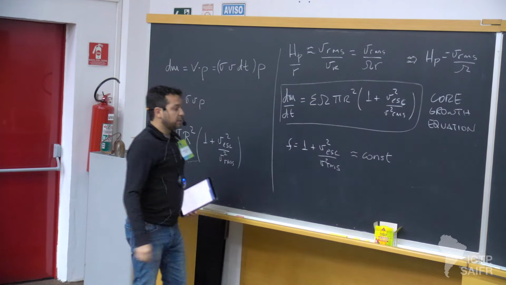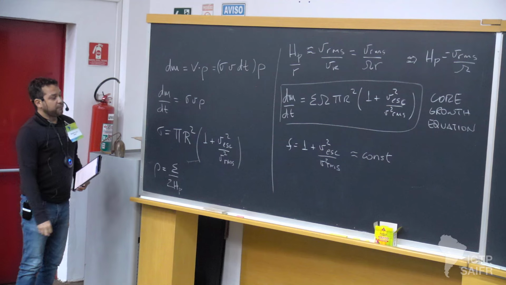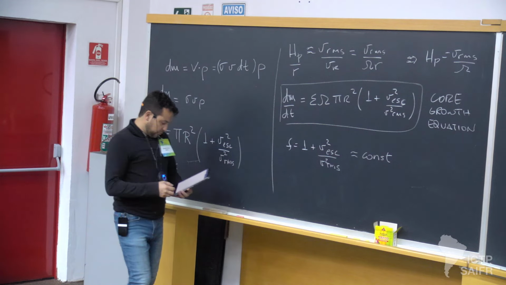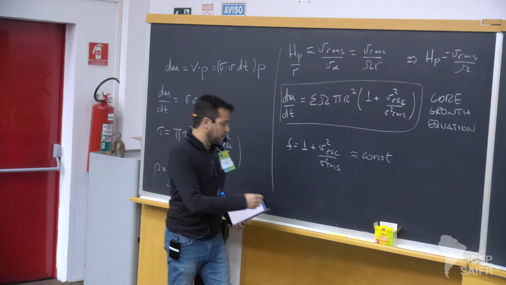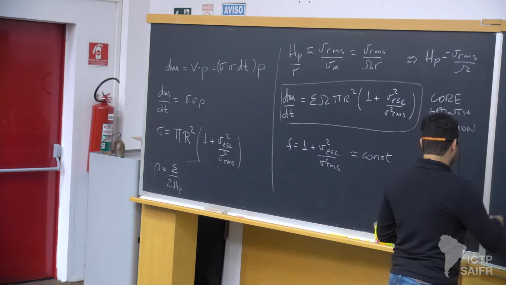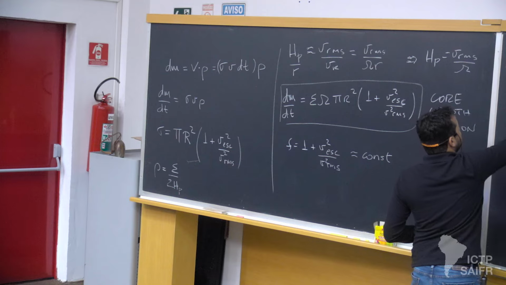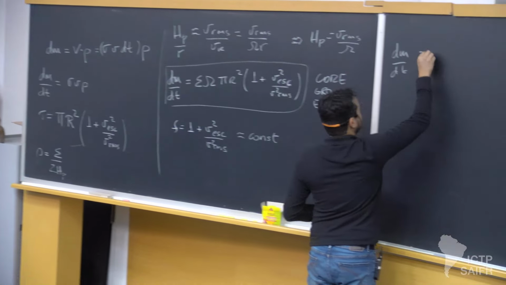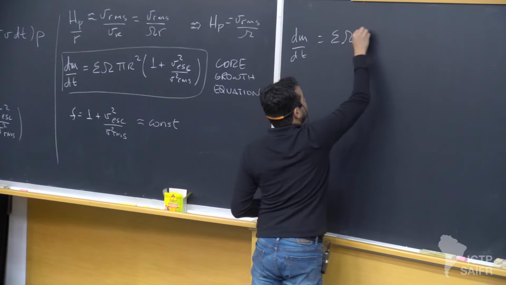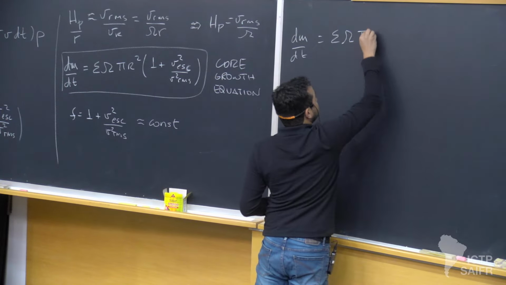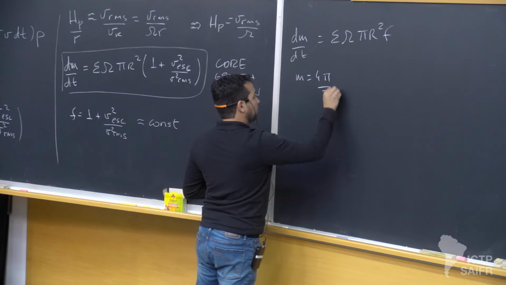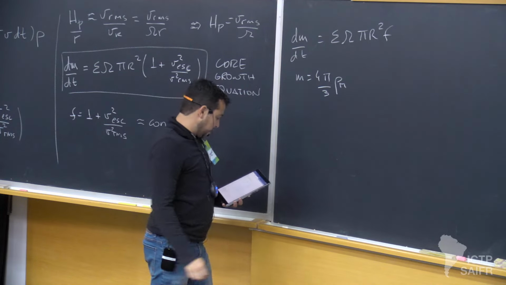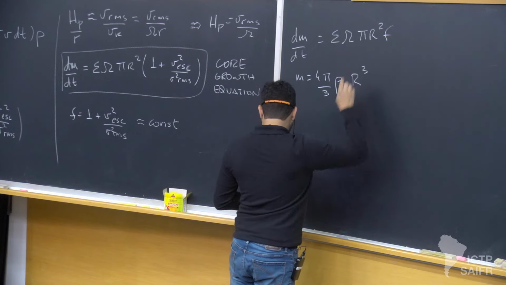That's not always going to be the case, but if we make this quantity constant, we can easily integrate this, because then the equation that we have is dM/dt equal to sigma omega pi r squared F. Here you can write m as the density of the body times the cube of the radius, and you can see what is happening.